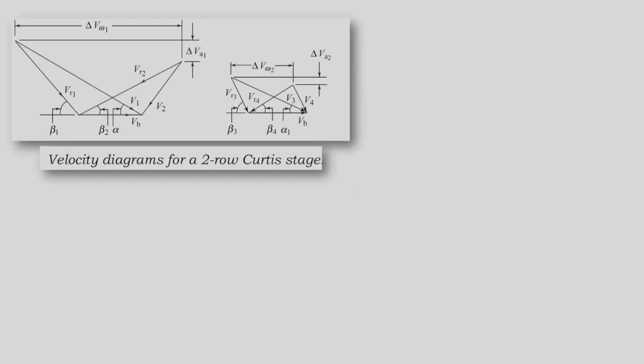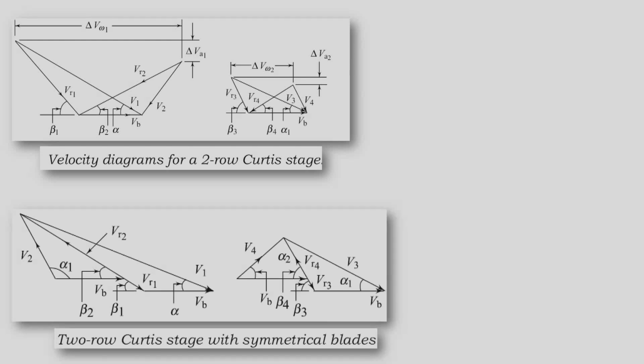Now let us see the same velocity diagram; we can as well draw this diagram by a new method where we have the inlet velocity triangle with V1, angle alpha 1, and then Vr1 as the relative velocity at the entry. So, this is the inlet velocity triangle.